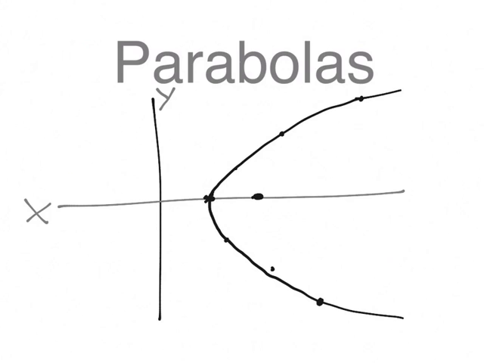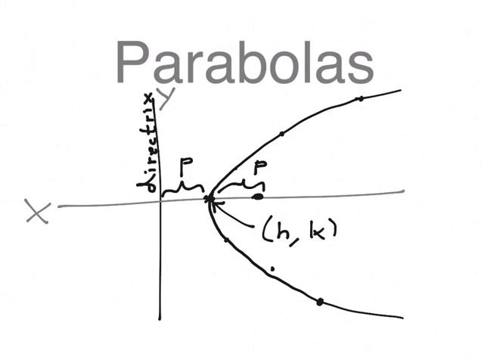Again, the vertex is still h, k, and these distances are still p. It can be seen here that if you have a parabola that opens to the left or right, the focus is going to be at the point h plus p, k.